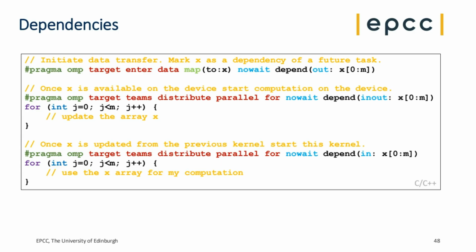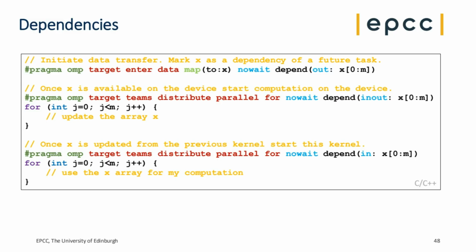So here's a toy example that just shows you the syntax for using these three types of dependencies. We've got an outward dependence on a mapping of X, and then the kernel that subsequently runs has an input dependence on that, and also an output dependence for the next kernel that's going to run. And for the final kernel, we just have the in dependence.